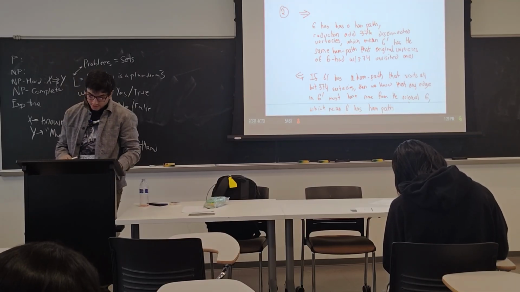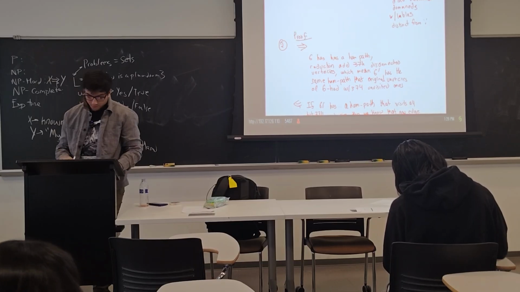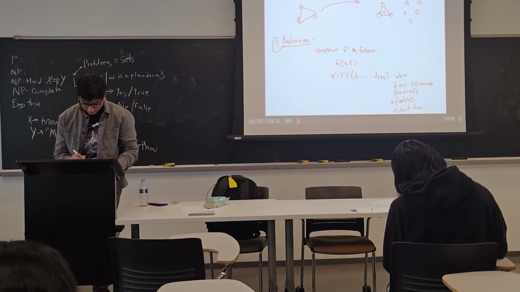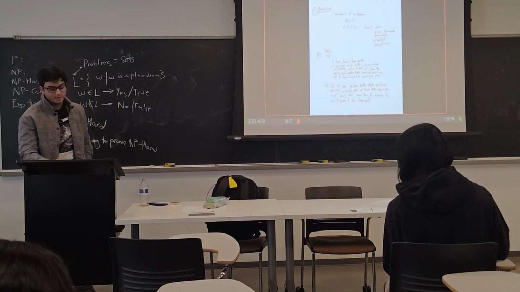So you need to justify that this reduction is true in both ways. So we have the reduction, we have the proof. This would be sufficient to prove that the problem is NP hard.